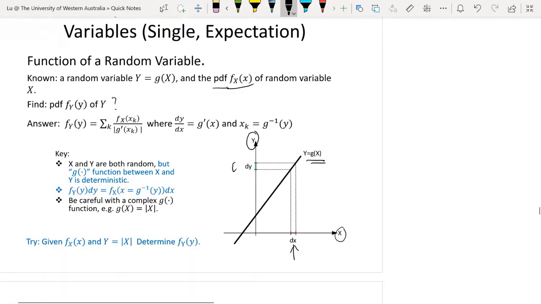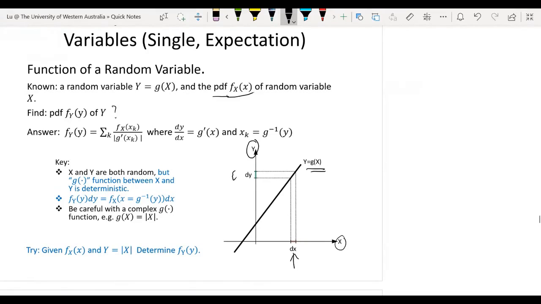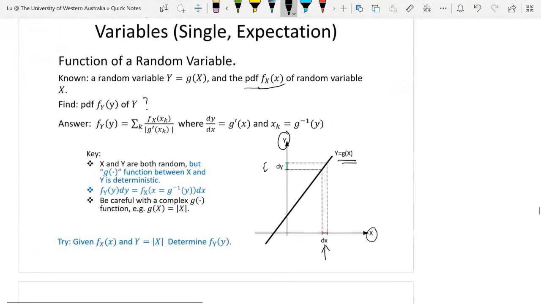So remember I said, based on this y equal to g(x) relationship, the probabilities are the same if the y and the x are corresponding to each other. And this small increase of the probability should be the same as well.